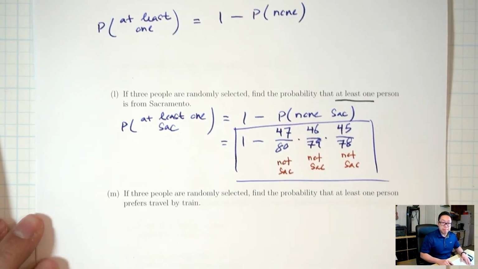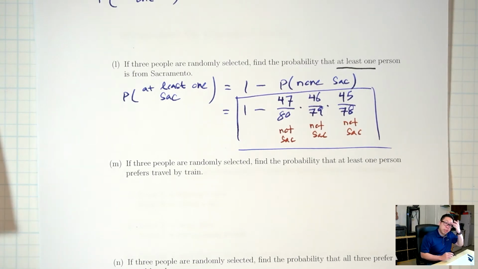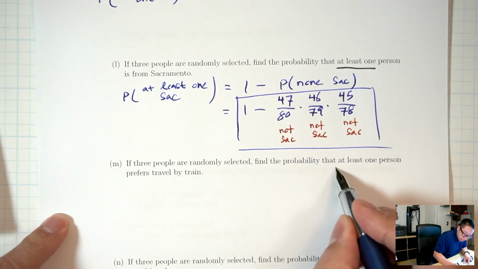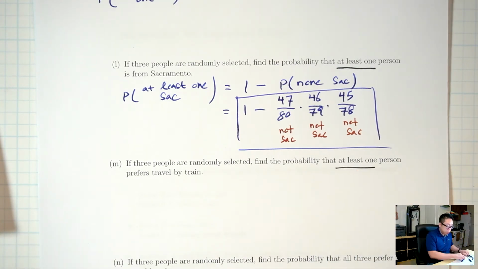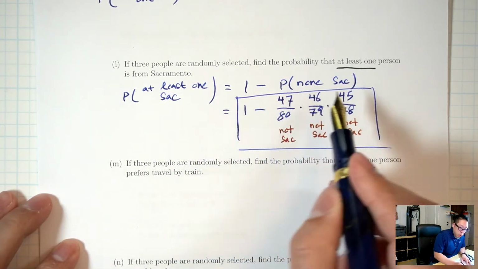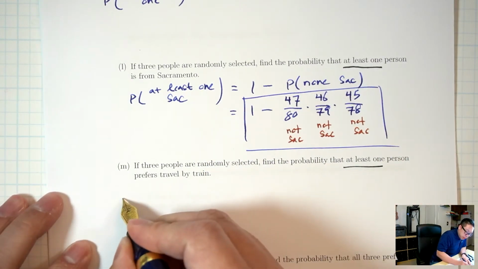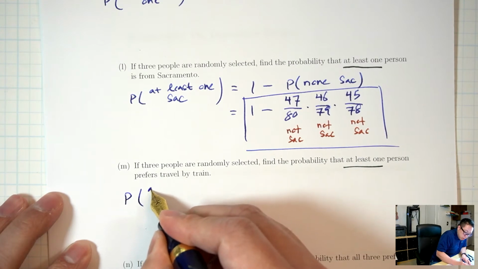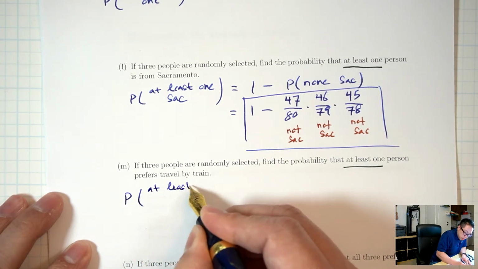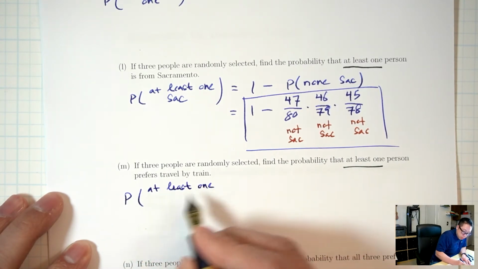Part M. If 3 people are randomly selected, find a probability that at least 1 person prefers travel by train. Right, keyword I see here is at least 1. Anytime I see at least 1, I'm going to set it up as 1 minus none. So probability of at least 1, I want at least one train.